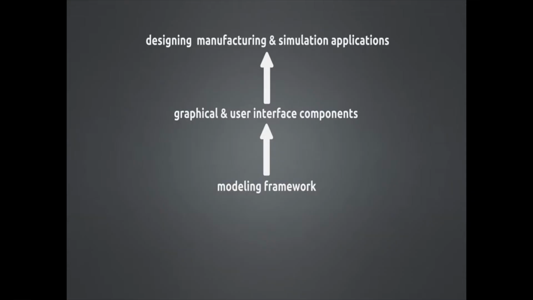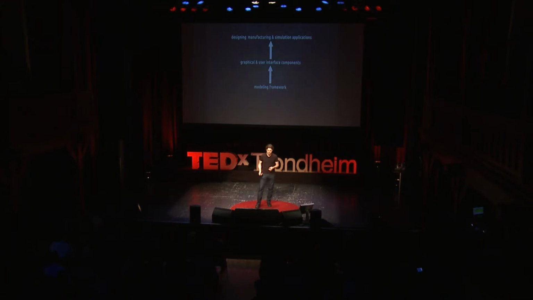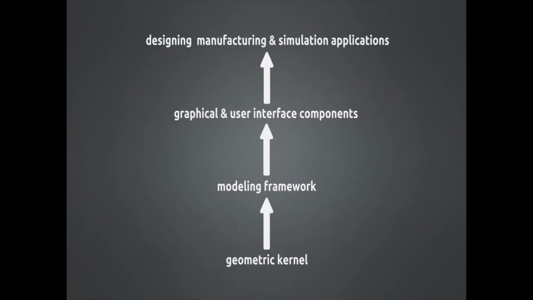So the modeling framework defines what the application on the back end can and can't do, what its functionality is. But that's actually in turn defined by the geometric framework, the geometric kernel. So the geometric kernel is the heart of the whole thing. And that's where I work. So it defines what is possible.